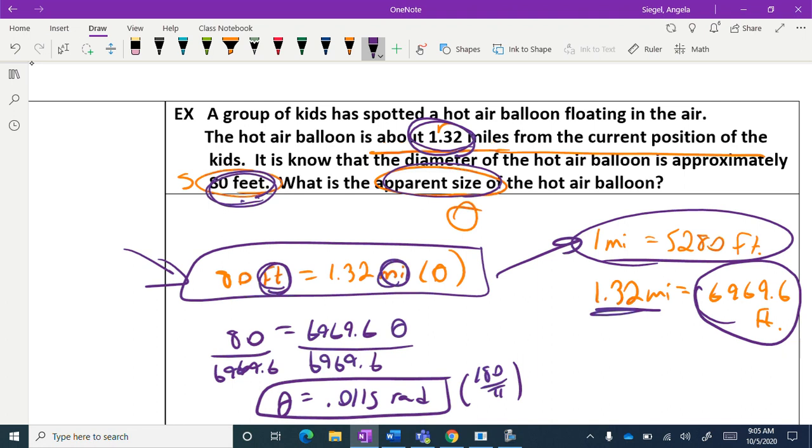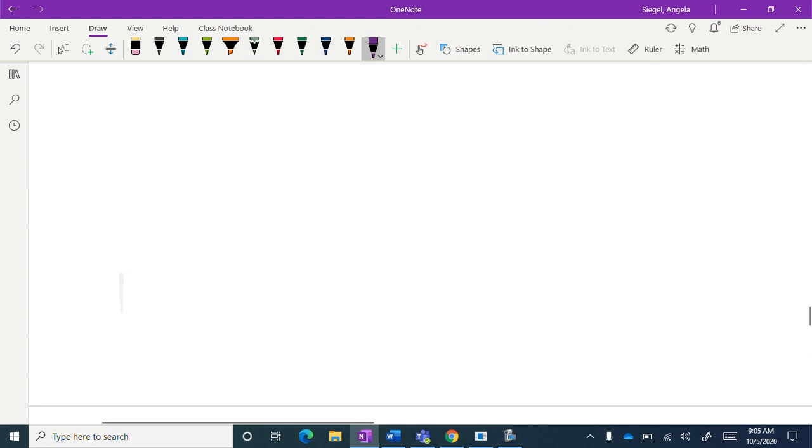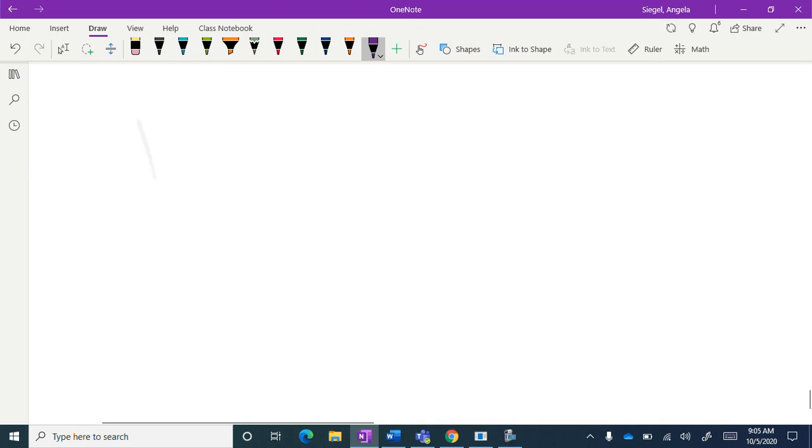I end up getting about 0.659 degrees. But it doesn't say that, so we don't necessarily have to do that. Okay, so I believe we have one more. Let's see, I guess we have just a couple more here.